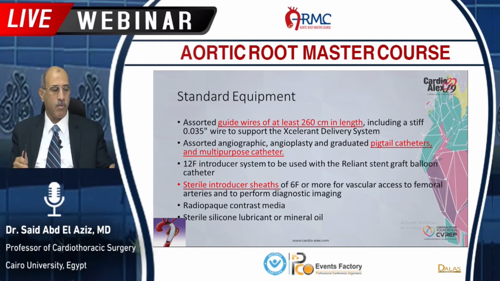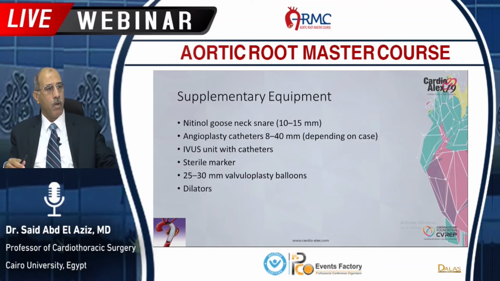These are mainly the tools that we need in the cath lab to do a stent. So you have to be familiar with this, and keep this in your mind so that you can gather everything you need to do it. Supplementary equipment like a snare: not all cases need a snare, but we might need it in some cases.